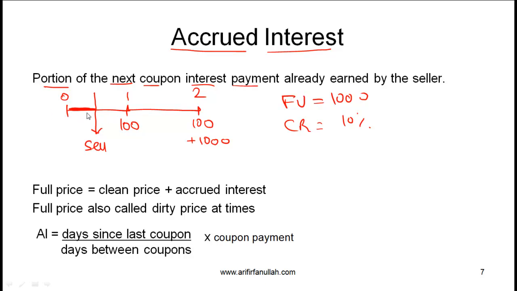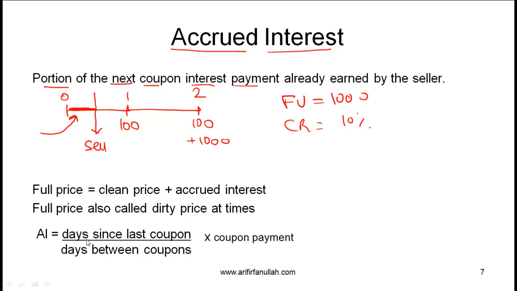So clearly then you deserve half of this coupon payment. Now how do we deal with this? The amount that you have earned, or the amount that you deserve because you owned the bond for half a year, is called accrued interest, and the very simple formula for accrued interest is given right here.